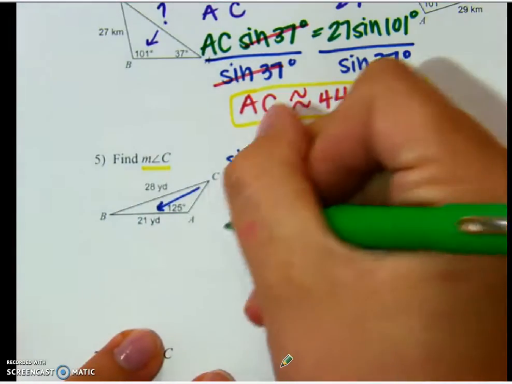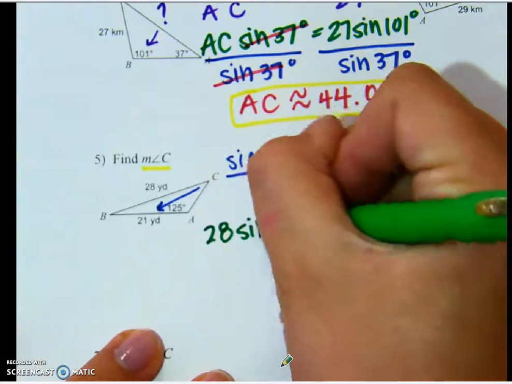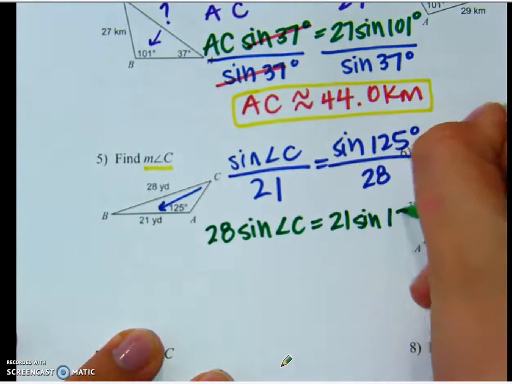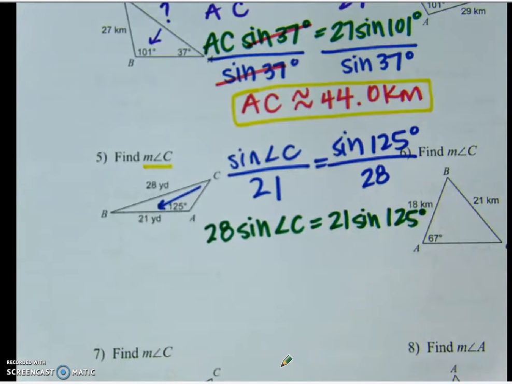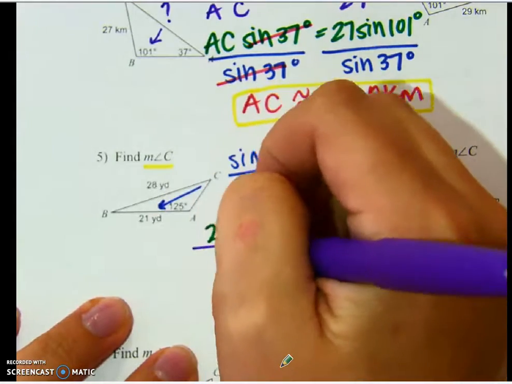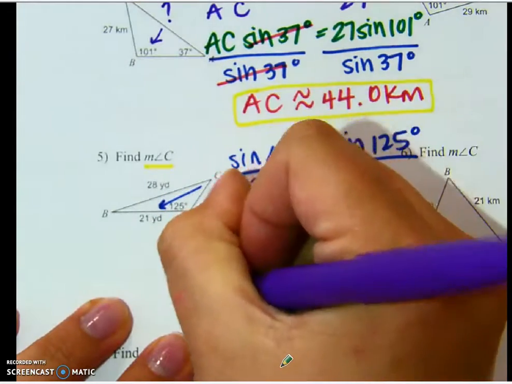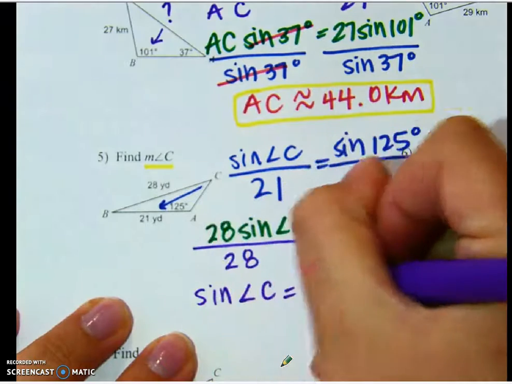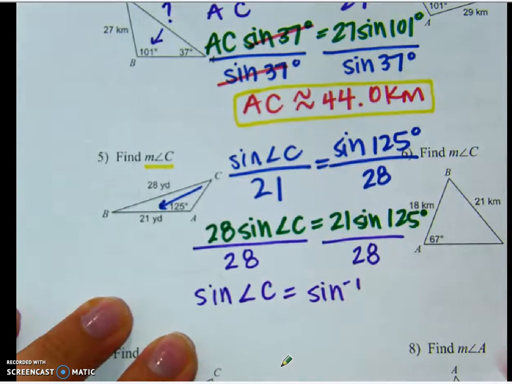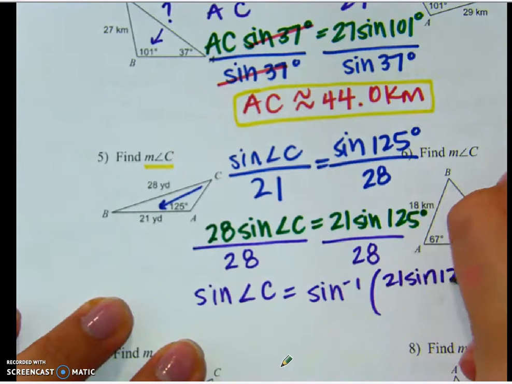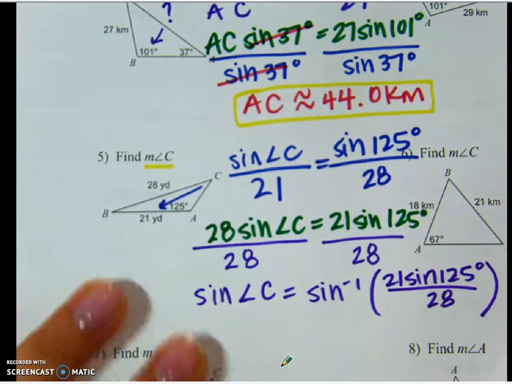So I'm going to cross multiply: 28 sine angle C equals 21 sine 125. And then from here, I'm going to divide by 28, but I'm not just going to type this in the calculator. To get the sine of angle C, I'm going to have to type second sine of 21 sine 125 over 28.